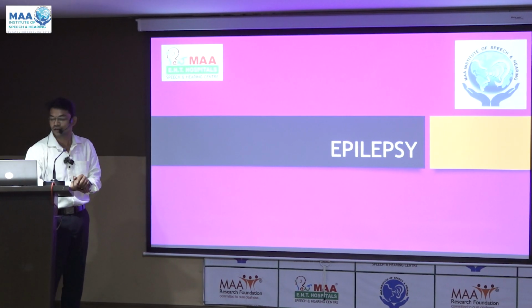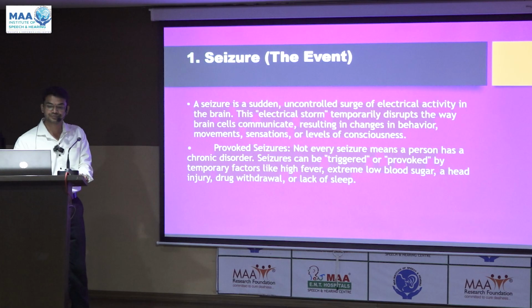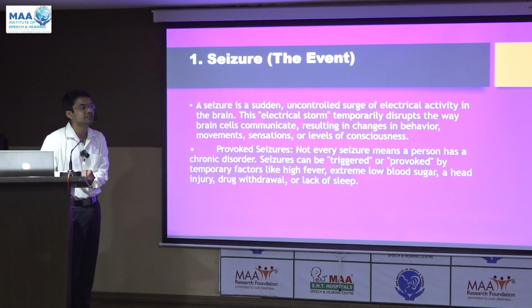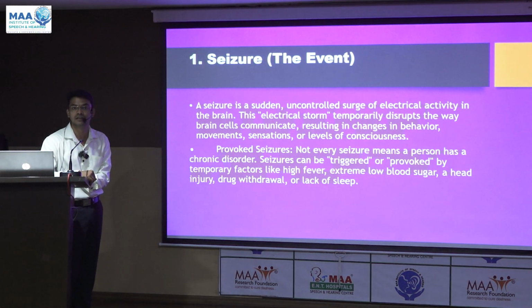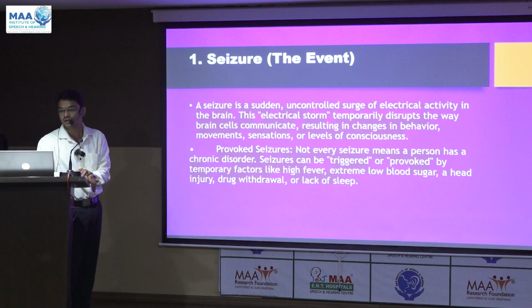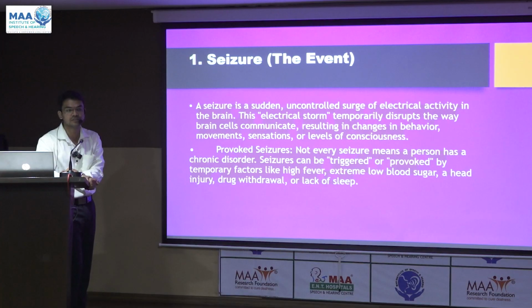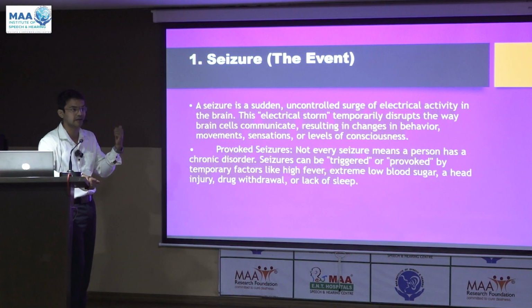Now, if we discuss the three parts, seizures, convulsions, and epilepsy, the three are different, but they come under the same umbrella. A seizure is a sudden uncontrollable surge of electrical activity in the brain. This electrical storm rushes towards a particular area and temporarily disturbs the ADL activities of the person.